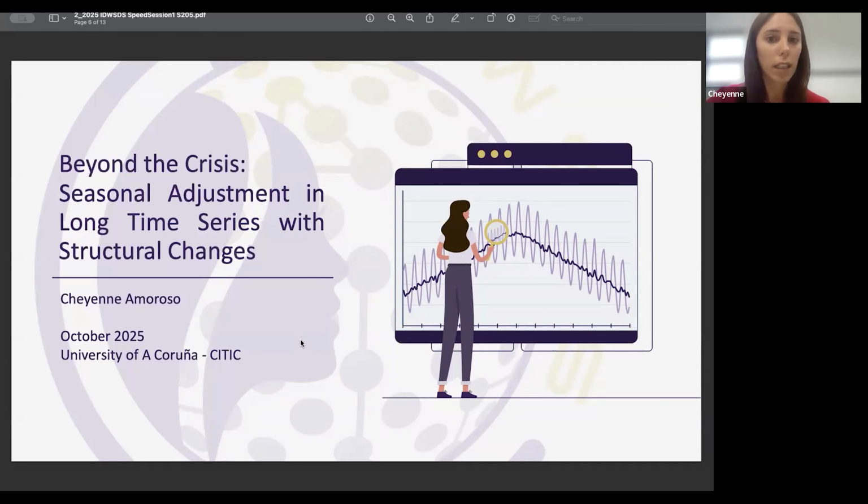So what is seasonal adjustment? Well, it's basically the process of removing the seasonal component from the data in order to focus on more long-term movements. This is useful when seasonal patterns may mask other important dynamics. For example, let's say that we want to analyze the sales of a toy shop. If we look at the monthly data, it is likely that there will be a spike around Christmas.